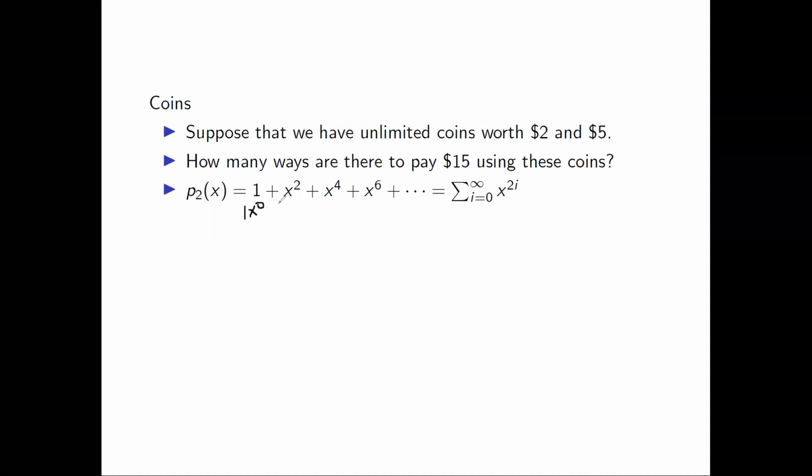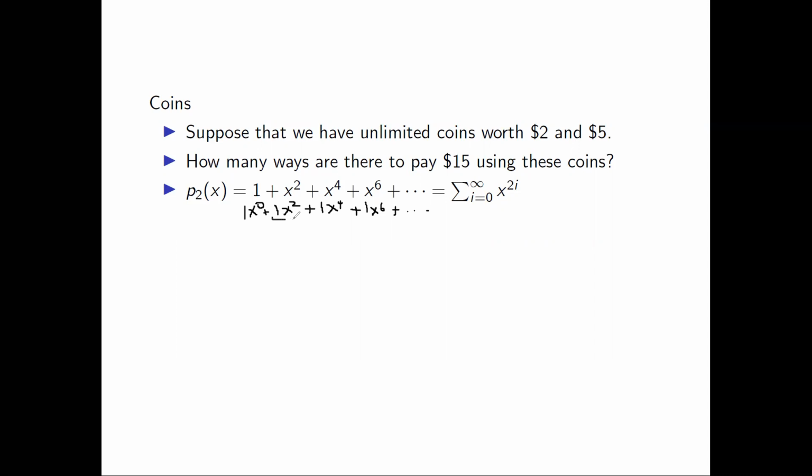The second term, the x squared, we can write as 1 times x squared, 1 times x to the 4th, 1 times x to the 6th, and so on. The 1 times x to the 0 says that using the $2 coins, there's one way that we can make $0. That's just by using no $2 coins.